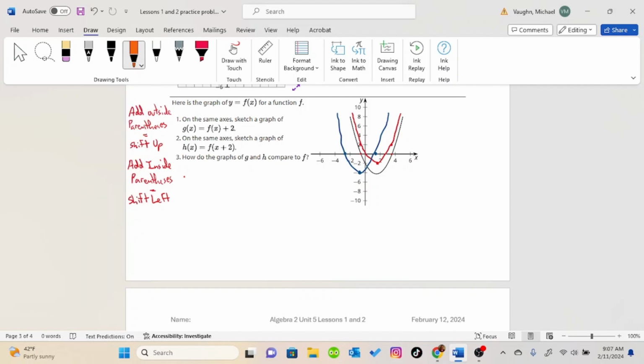So now on number 3, how do the graphs of G and H compare to F?